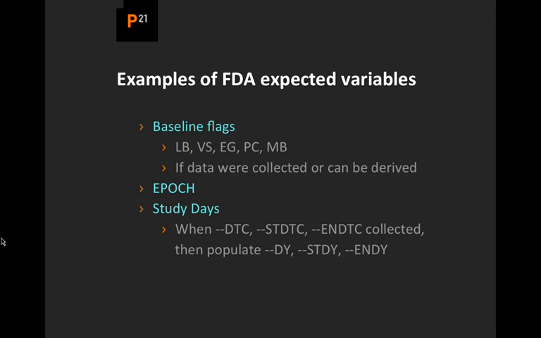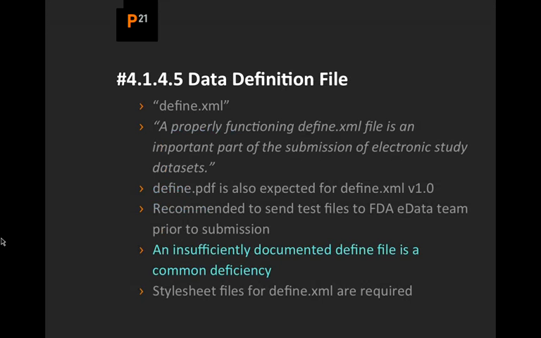For example, in medical history, you expect to have records only with epoch as screening. Probably in this case, you can skip and not include the epoch variable in the medical history domain. Study days also should be populated every time a relevant study date variable was collected.